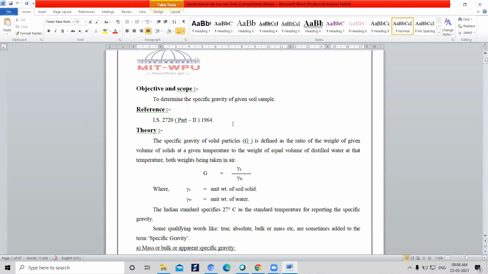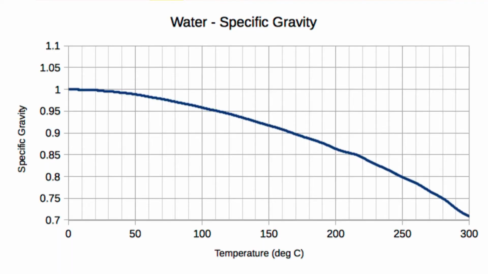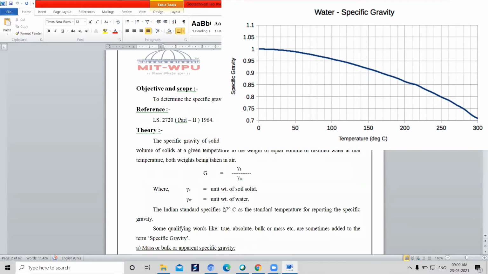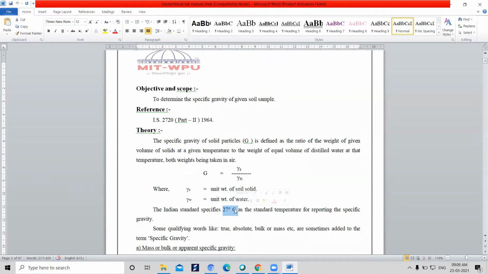Now, what do you mean by this 27 degrees centigrade? Why are we specifying it? As we are comparing with respect to water, we say the specific gravity of water is 1 at a specified temperature of 27 degrees or 23 degrees, within a window. If the temperature is greater, then the specific gravity of the water can change.